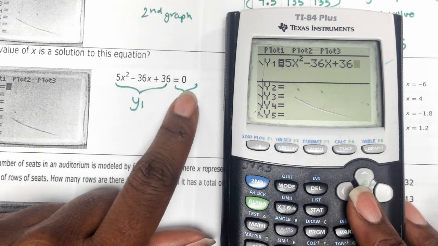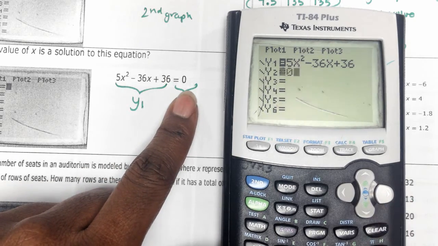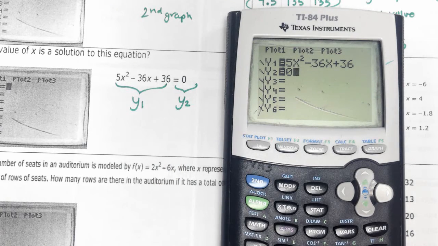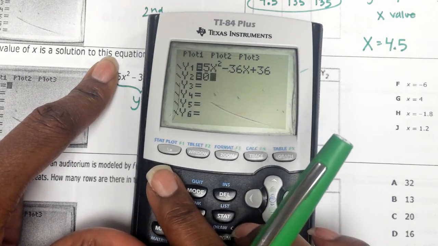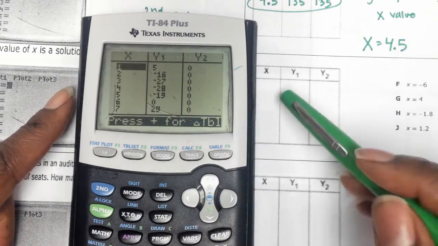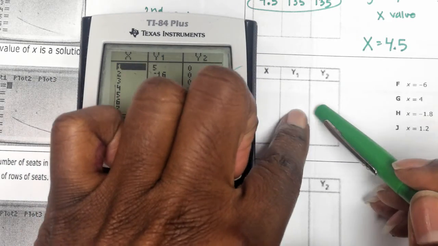And then the other side of the equal goes in there. And it says which value of x is a solution. So now I'm going to press second graph because my table, I'm looking for that place where they're the same.